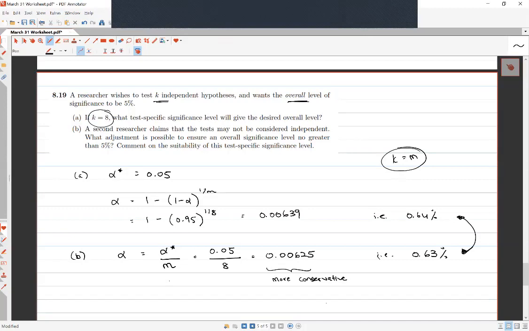But the individual test level that you reach under this approach is generally only a tiny bit smaller than the level assuming independence. So if you're ever in a situation like this and have questions about whether independence is reasonable, just use the more conservative adjustment, because it's not going to be that radically different, and you have a safeguard built in against deviation from the independence assumption.